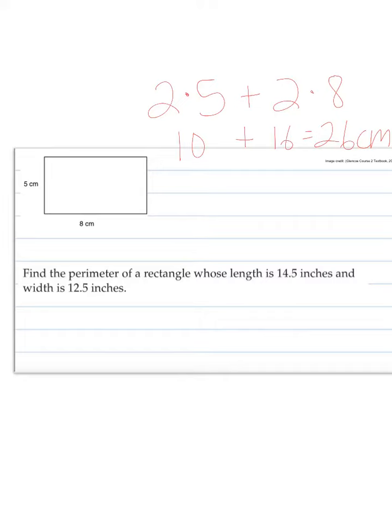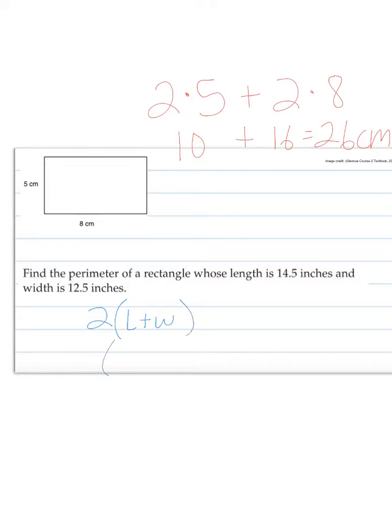Find the perimeter of a rectangle whose length is 14.5 inches and the width is 12.5. For this one, I'm going to take 2 times the length plus the width.